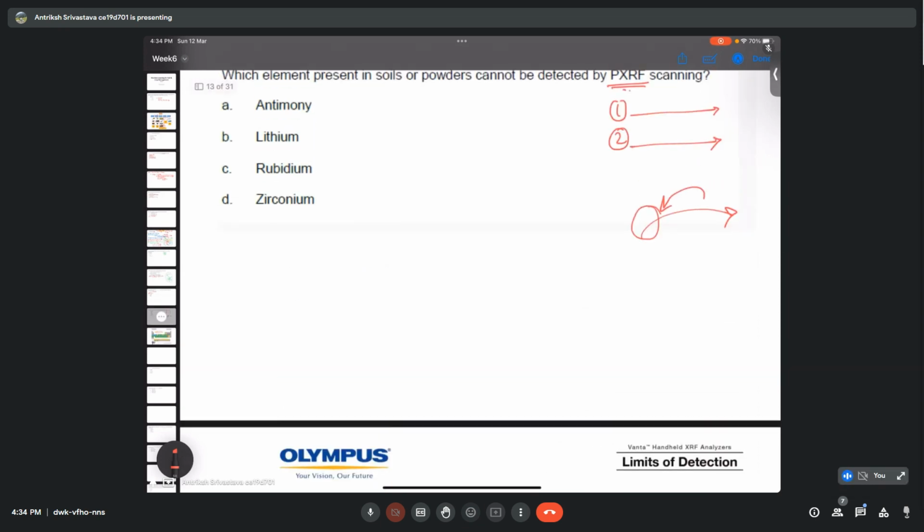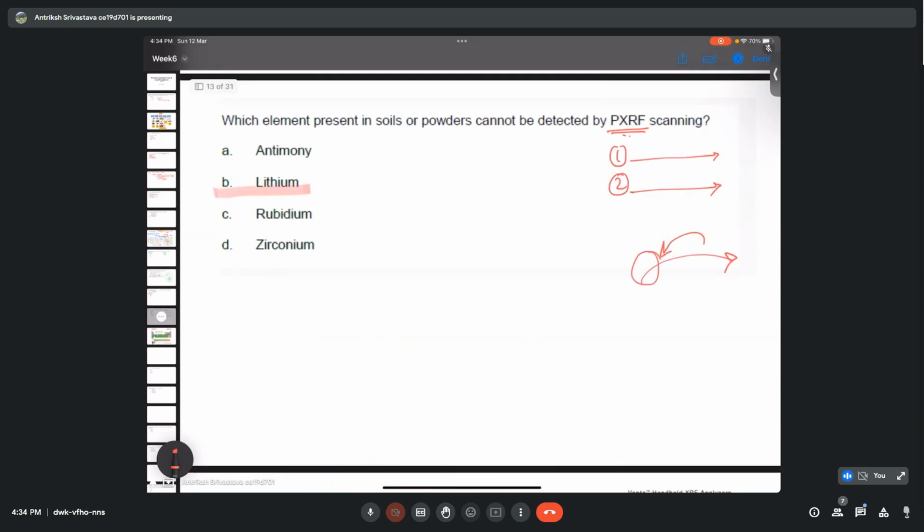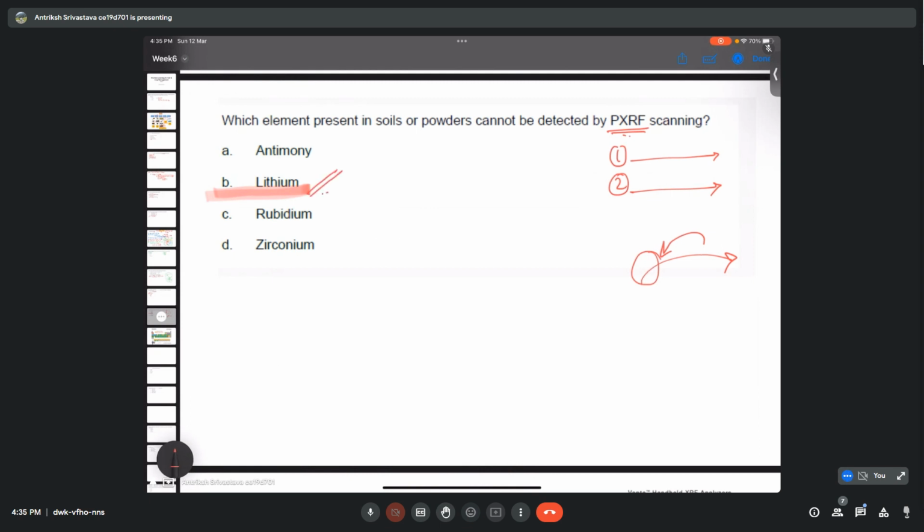Rubidium and zirconium are here, but lithium is not available. So lithium is the element which cannot be detected by PXRF as of now. Maybe in the future they will design some other kind of detector or instrument that will be able to detect lithium.